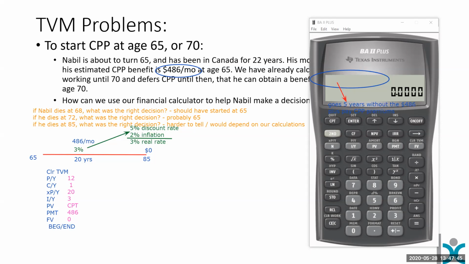Yes, absolutely, Shay, if you need to solve something like this on an exam, you would either be given the discount rate or you would be given enough information to determine what the discount rate is. Okay, that's good.